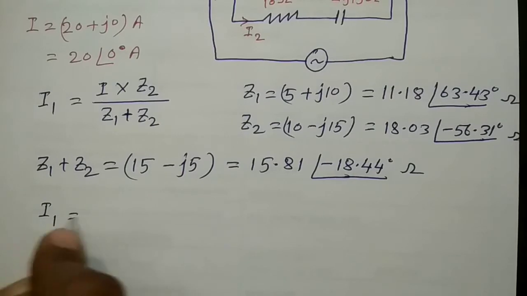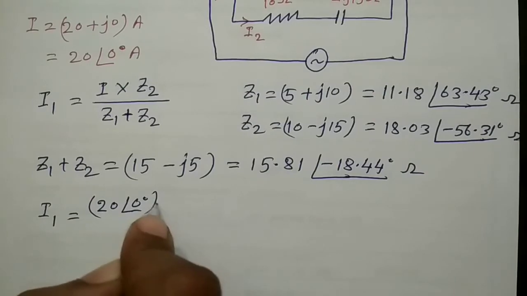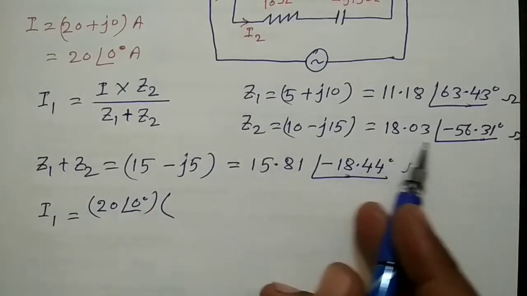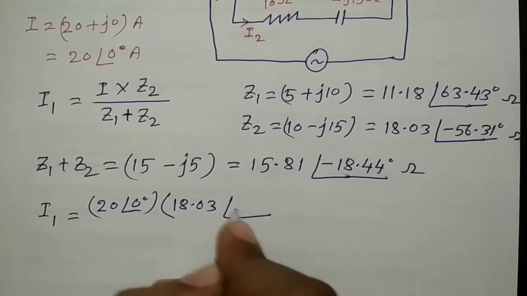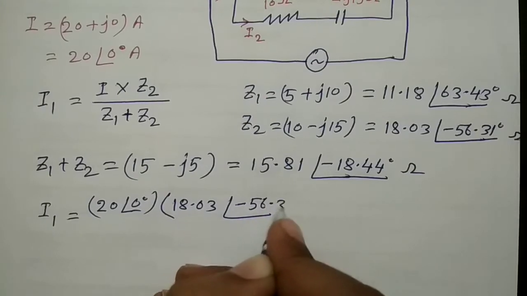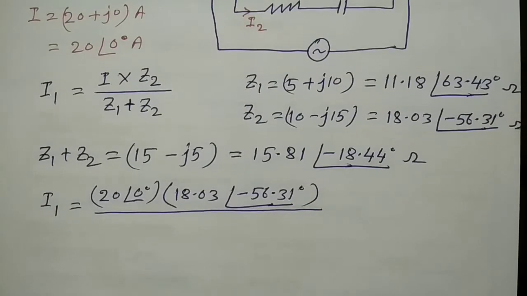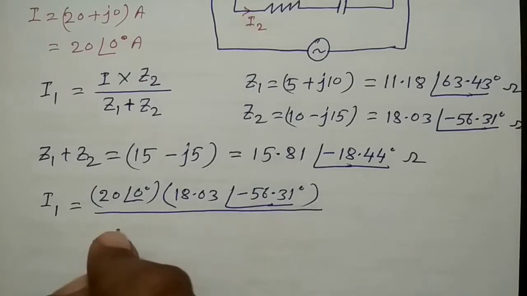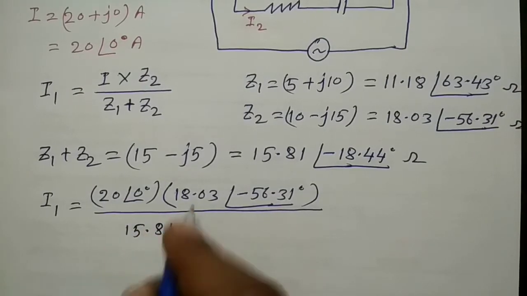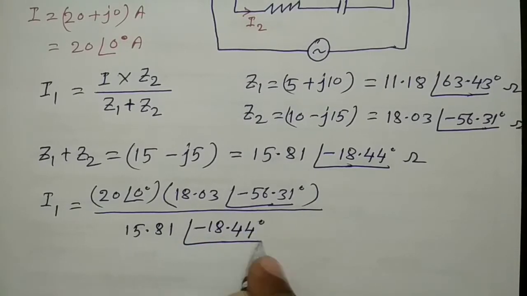So I1 is I, that is 20 ∠0 degrees, into Z2, which should be in polar form, 18.03 ∠−56.31, upon Z1 plus Z2, which in polar form is 15.81 ∠−18.44 degrees.